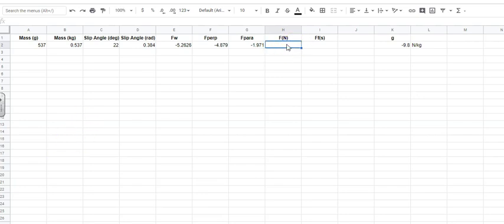So we just have to go equals the perpendicular force component times, which is an asterisk, -1. And for the friction force, it's the parallel force times -1.